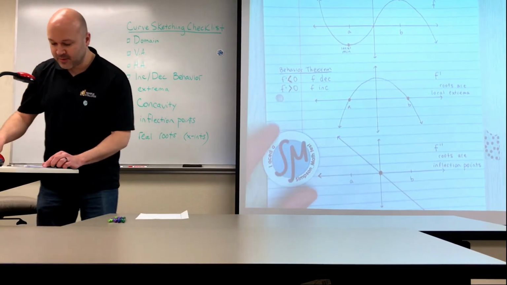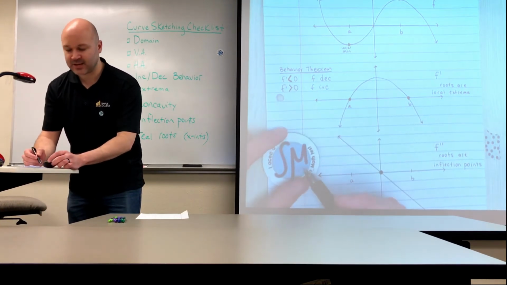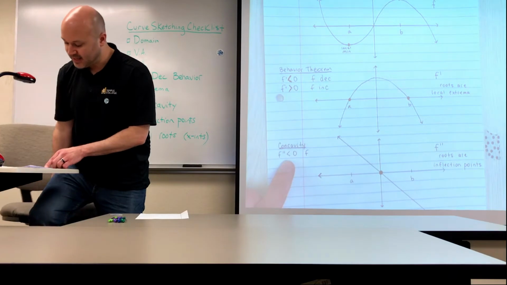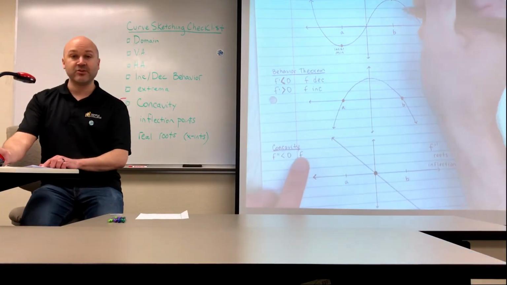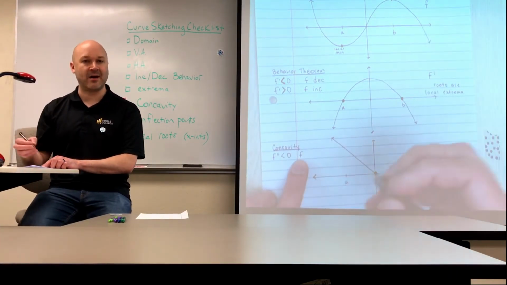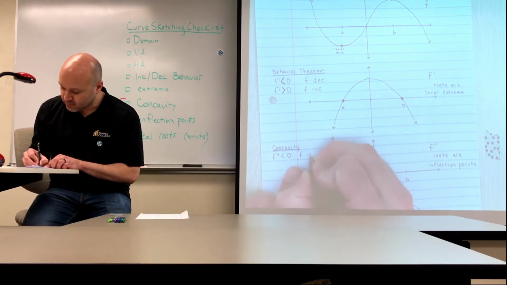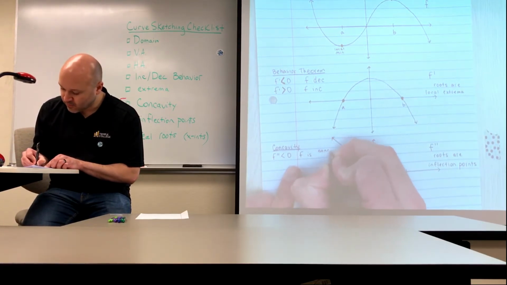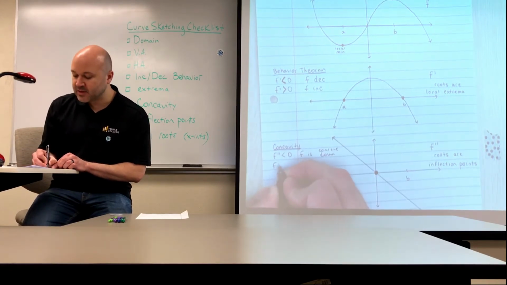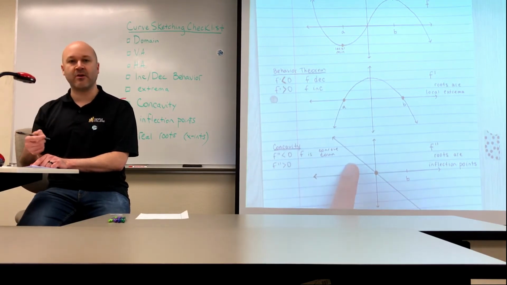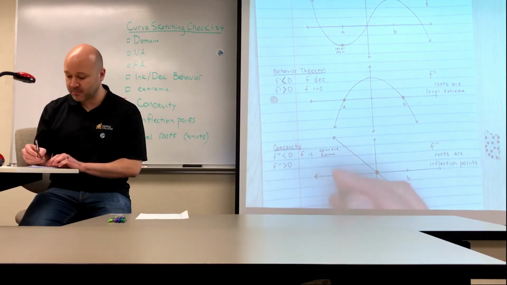So I was just writing down the behavior theorem for the second derivative test. If the second derivative is less than 0, then the original function is concave down on that same interval. If the second derivative is positive, then the original function is concave up.